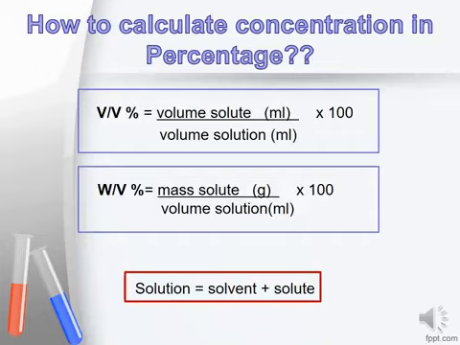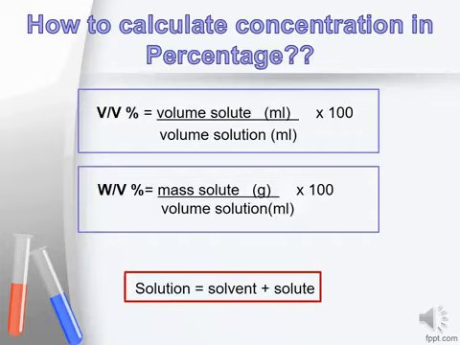What about the percentage when it is expressed as weight per volume, or W per V percent? W per V percent means the mass of solute in gram divided by the volume of solution in milliliter, multiplying by 100. Again, V per V percent means the volume of solute in milliliter divided by the volume of solution in milliliter, multiplying by 100.